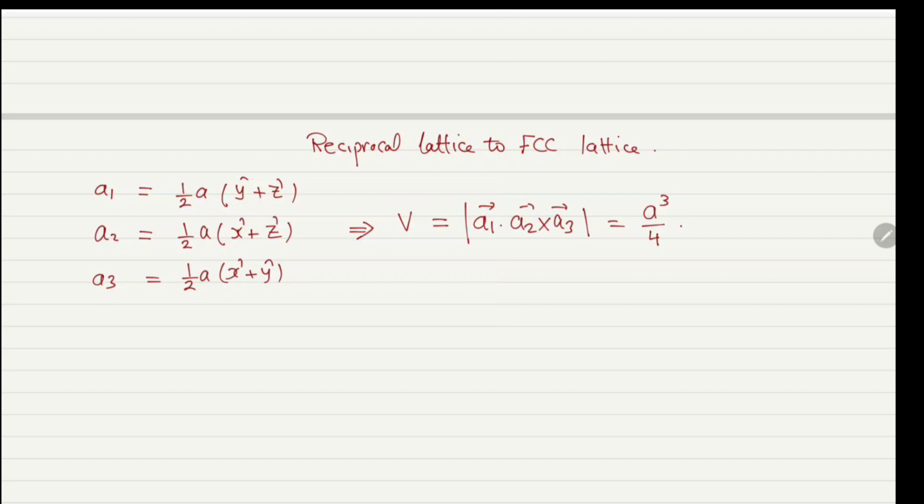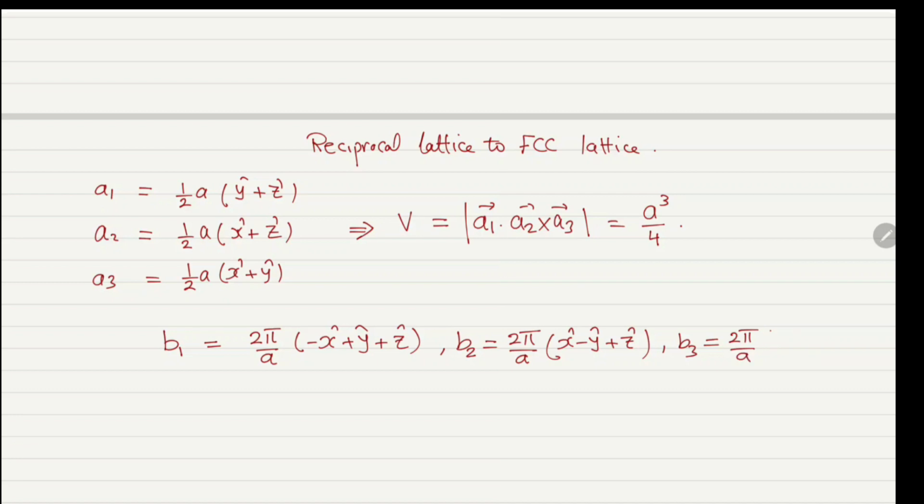Now use these vectors to find B1, which is equal to 2 pi over A times minus x hat plus y hat plus z hat, and B2 is equal to 2 pi over A times x hat minus y hat plus z hat, and B3 is equal to 2 pi over A times x hat plus y hat minus z hat.